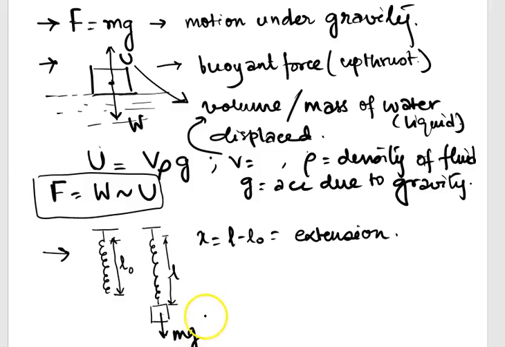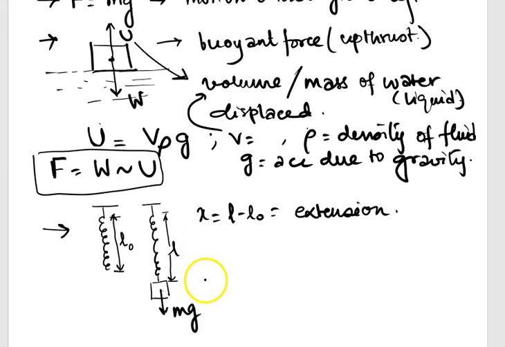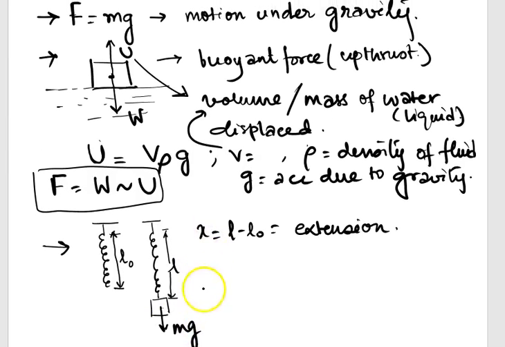So if we look at it this way, then the force that is pulling the spring, extending it, is on account of this weight. So mg can be thought of as a resultant force, right? And that is actually equal to kx.